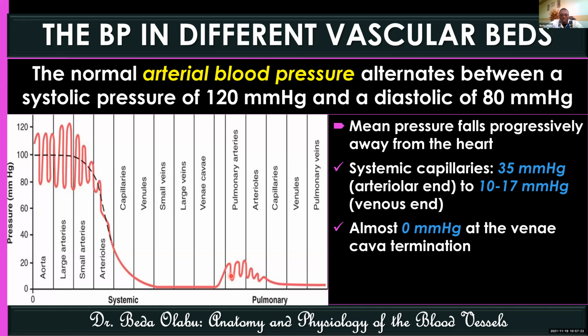And remember, because the heart pumps, systolic and diastolic will have oscillations. The pulmonary pressures will be about 20 systolic and 10 diastolic. And those are the normal pulmonary pressures. Well, it can be from 8 for diastolic to 18 or 20 for systolic.